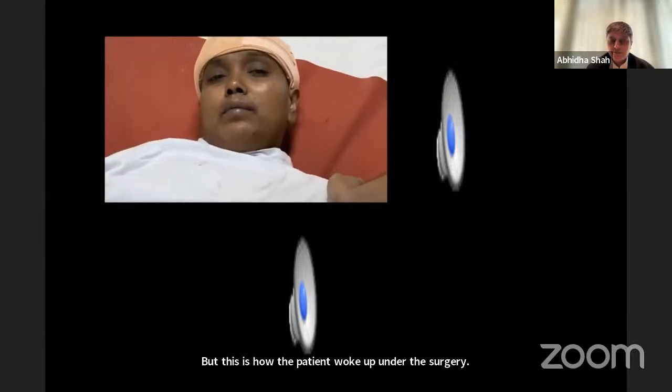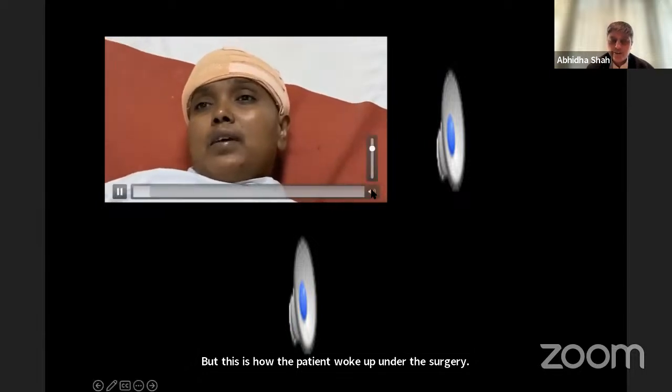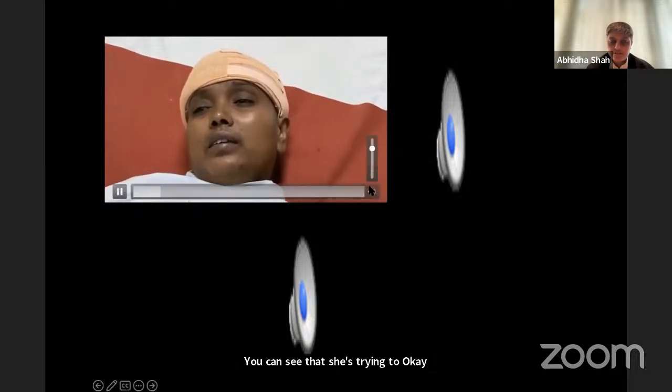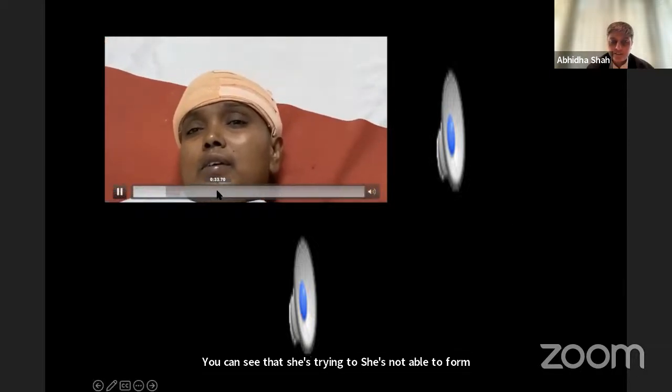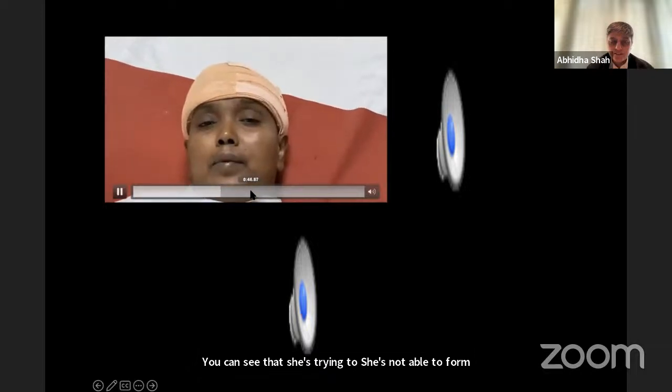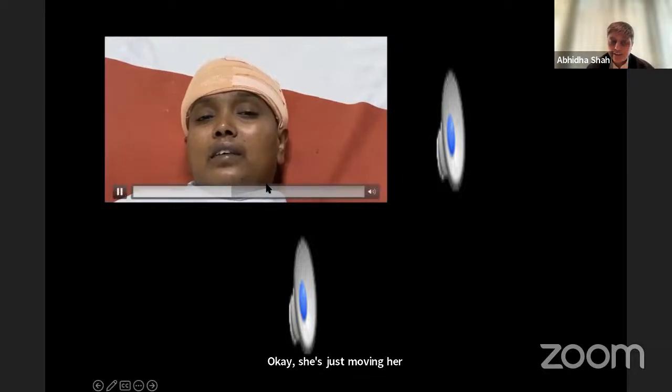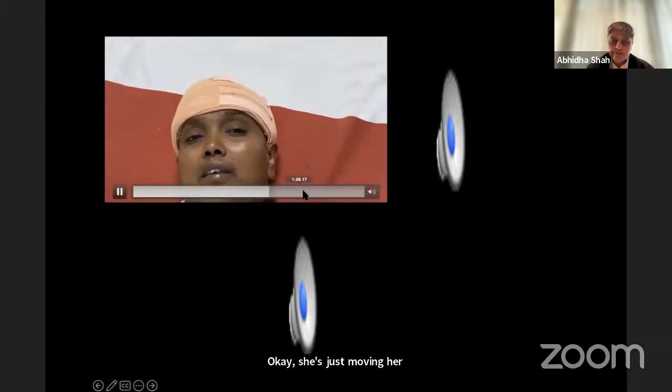She was not able to speak her name. You can see that she's trying to verbalize, but she's not able to form the words. She's just moving her lips.